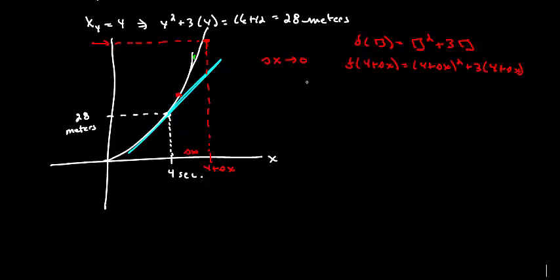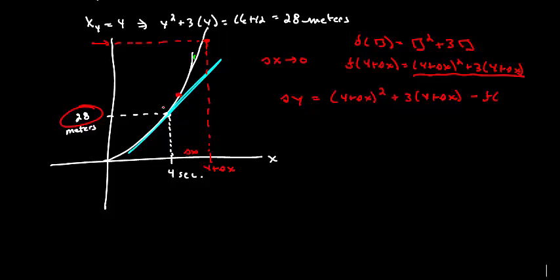So we're going to take that height and subtract off this height, and that's our change in y. So it's going to be 4 plus delta x squared plus 3 times 4 plus delta x, but then we have to subtract off f at 4, which we know is 28, and we're going to put that in there in a minute. Then we're going to divide that by the change in x.